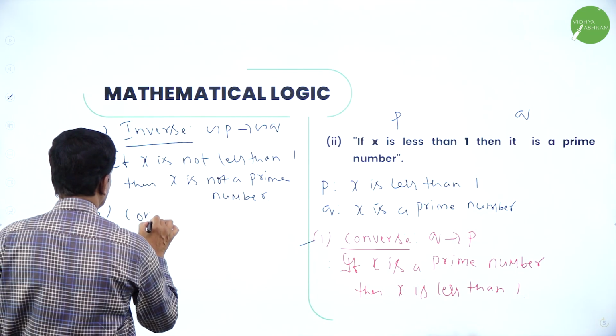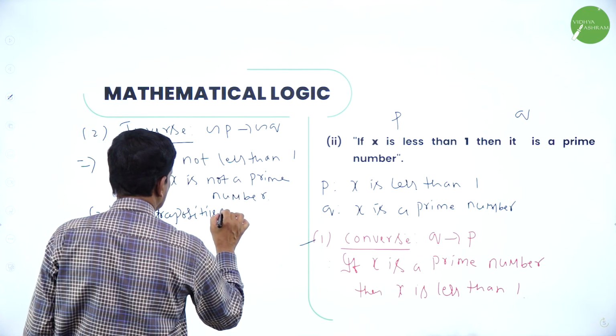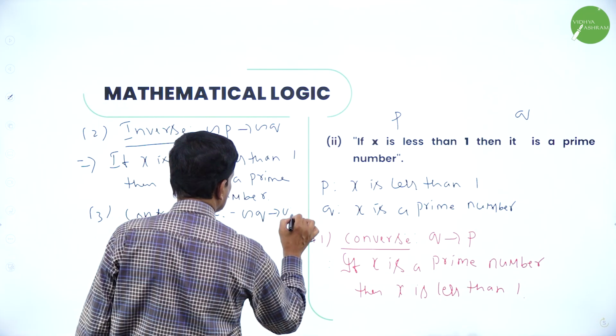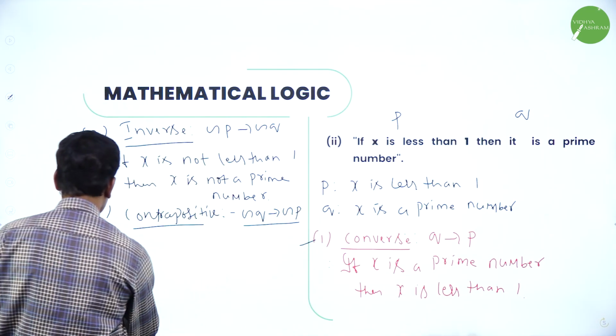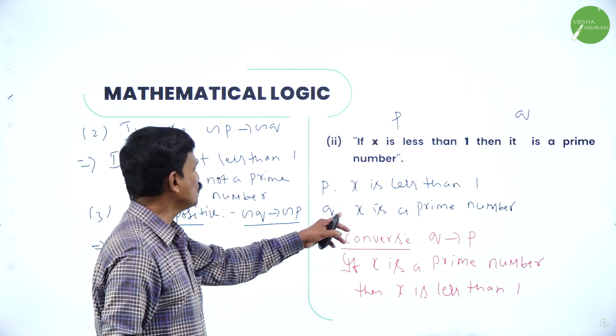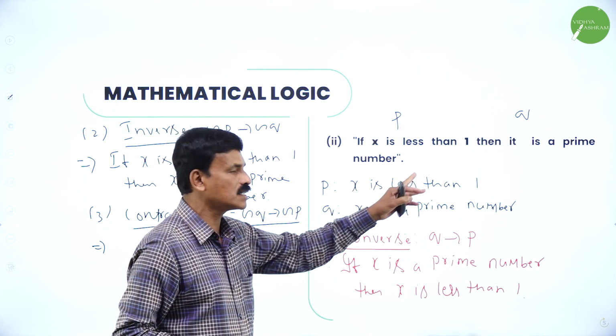Next, the third one is the contrapositive. What is the contrapositive? Negation of Q conditional to negation of P. Negation of Q is x is not a prime number. Negation of P is x is not less than 1.